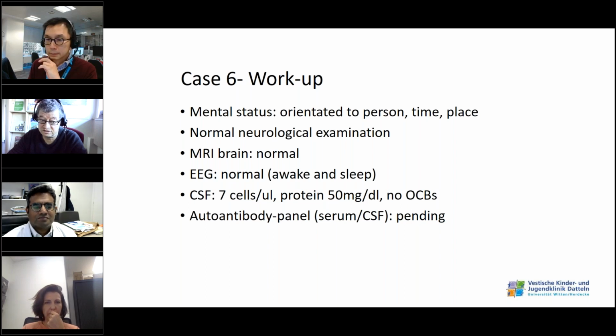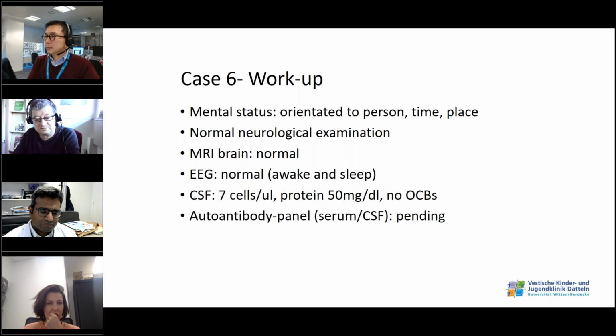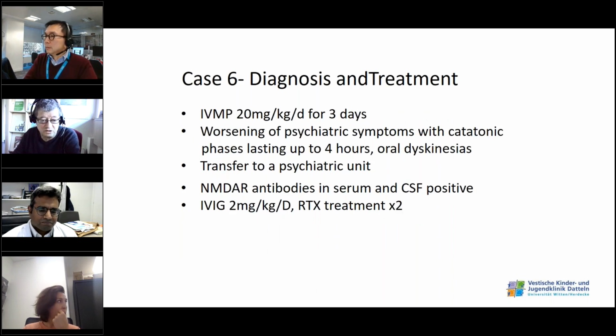She had a CSF cell count of 7, and her autoantibody screen was initially tested in serum and CSF. The problem is always it takes 2 weeks in Germany. It's now getting faster, but you are in a situation to decide what treatment to choose.